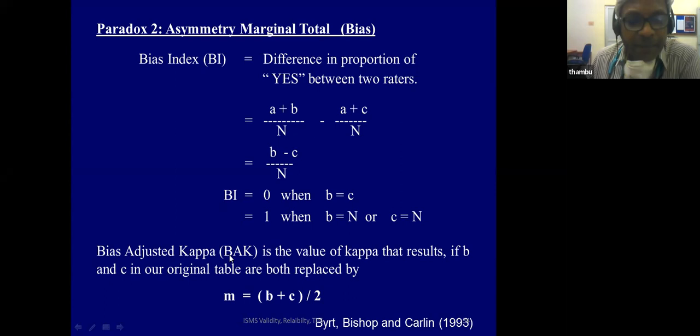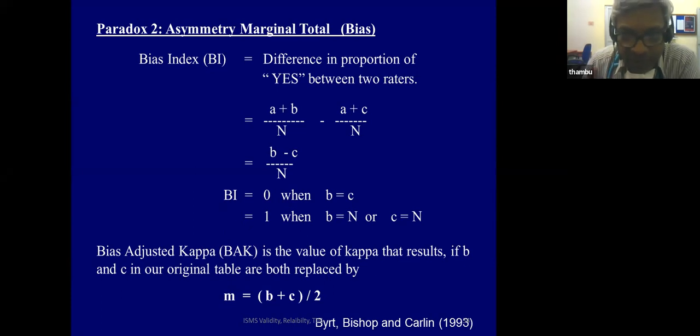Bias adjusted kappa, BAK, is the value of kappa that results if B and C in our marginal totals are replaced by M, where M is equal to (B plus C) divided by 2. Now, Dr. Jay Seelan and his team have developed a software called NMaster, with which one can do practicals, and you should all request him to take the practicals for that.